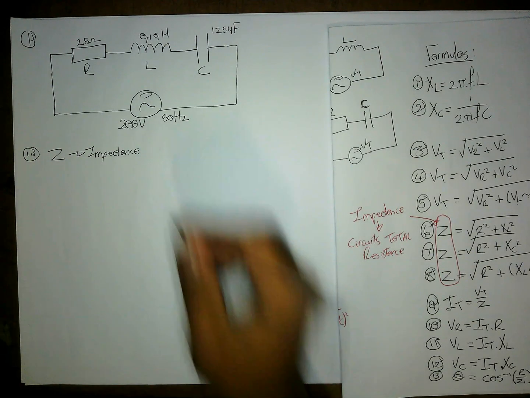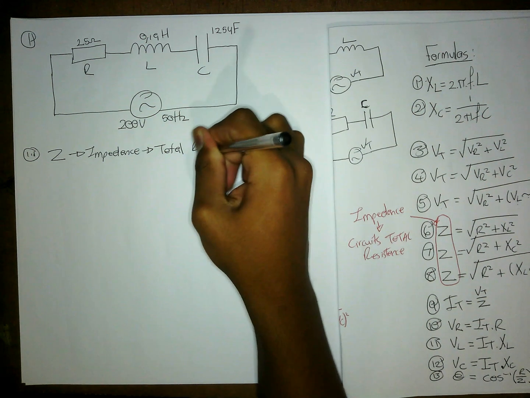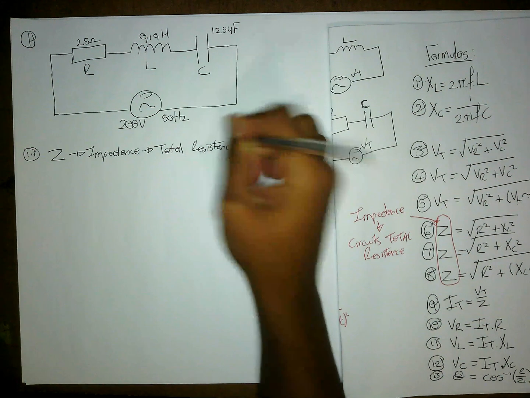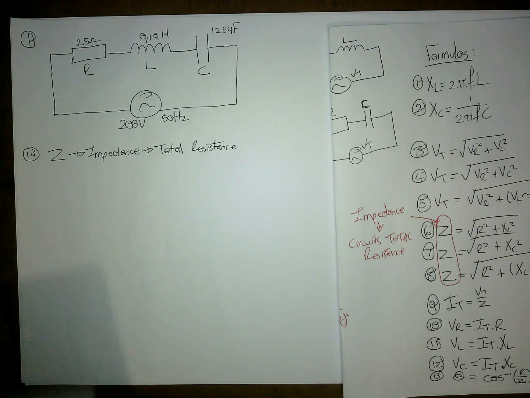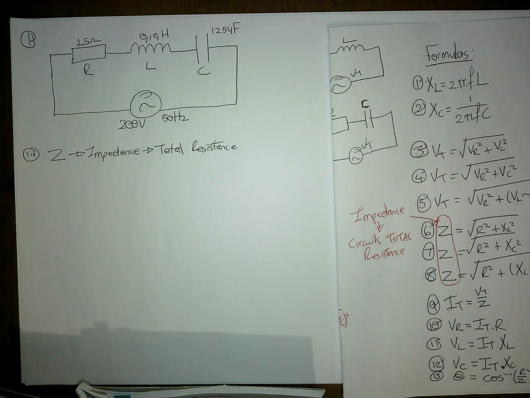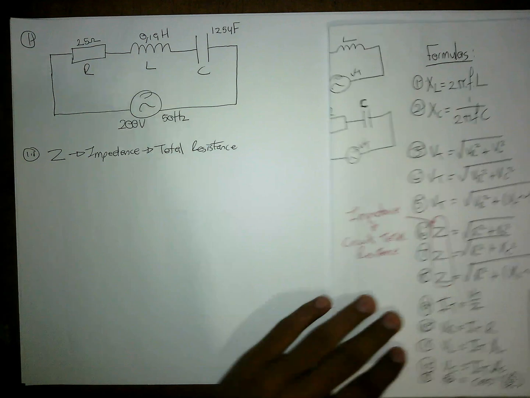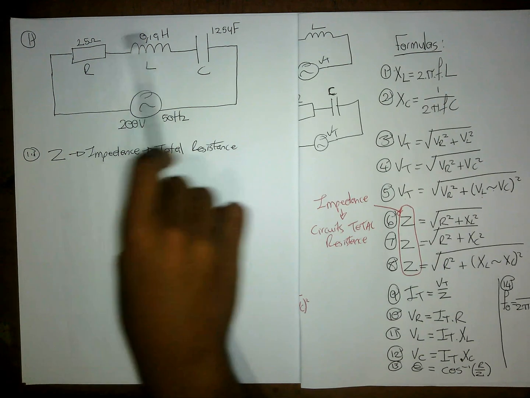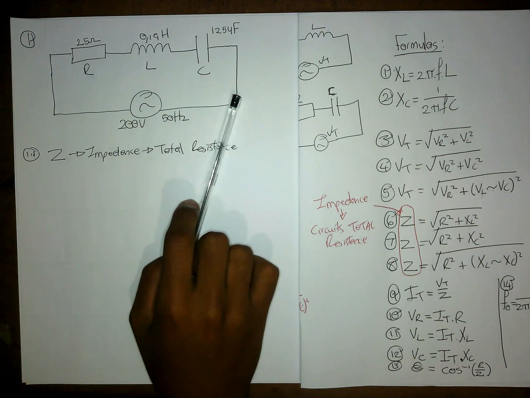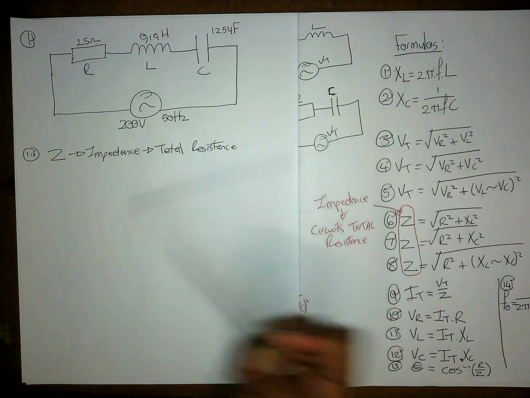So impedance is the total resistance, our RT, but we put it as Z for impedance. Just a fancy way of saying total resistance. Knowing what we learned, for the full resistance of the circuit we need to get the resistance of each component first.